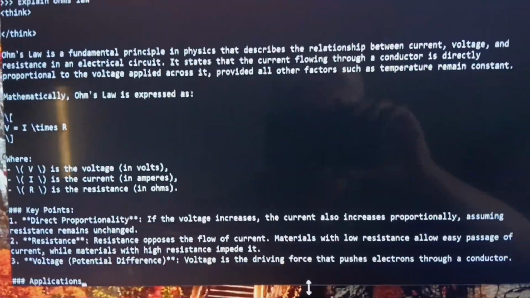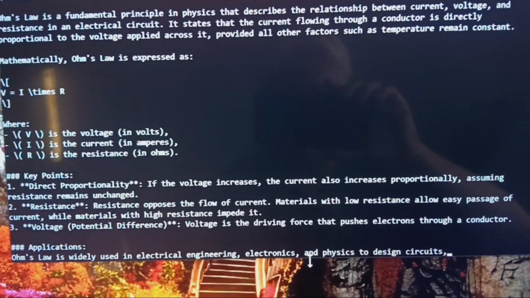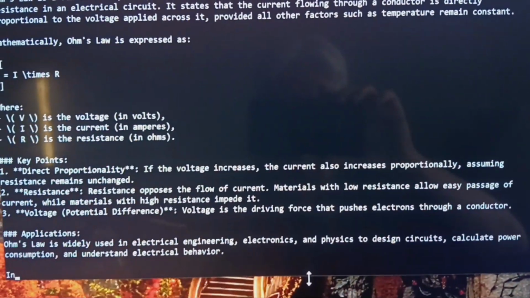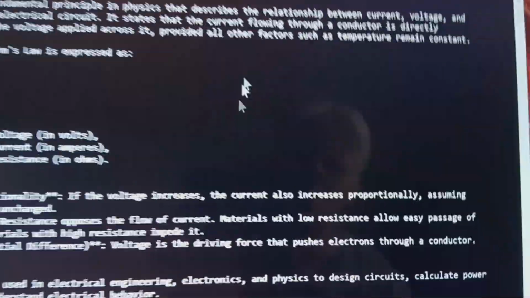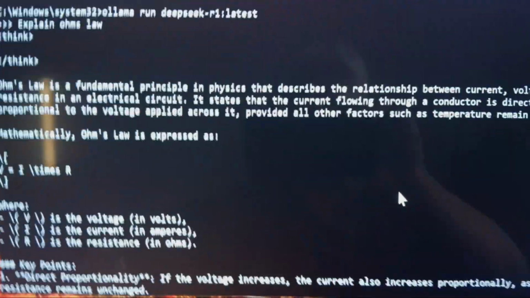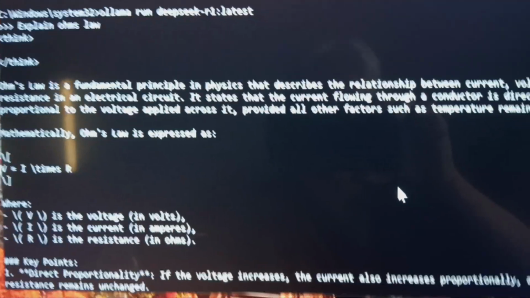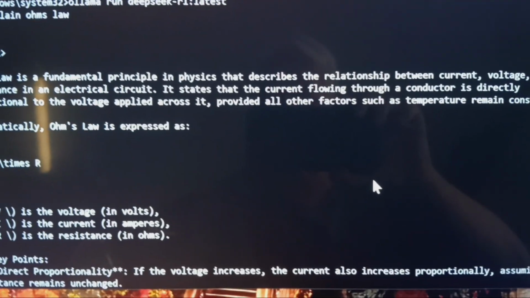There we go. Okay, so you see it's running pretty fast. Now this is the latest pull of DeepSeek R1. And there you go. So while it's pulling, let's look at what it said. Ohm's law is a fundamental principle in physics and describes the relationship between current, voltage, and resistance in an electrical circuit.